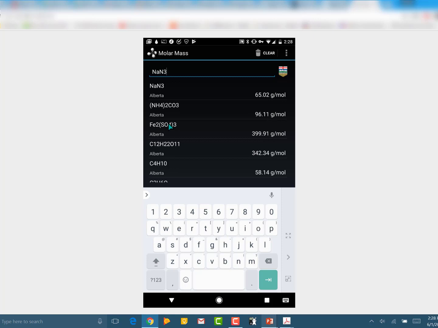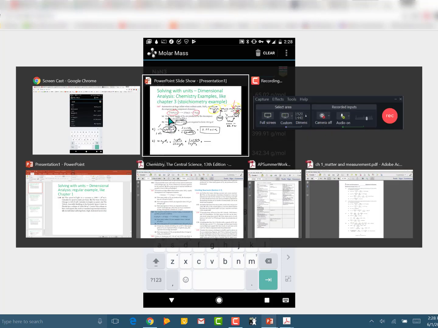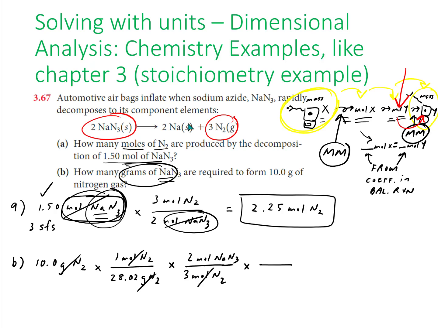Okay, 65.02. So 65.02 grams and 1 mole of sodium azide on the bottom.